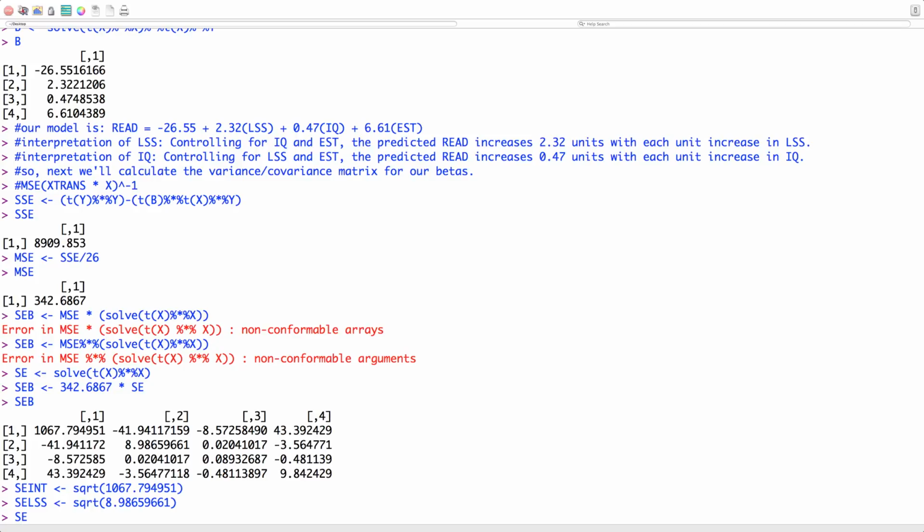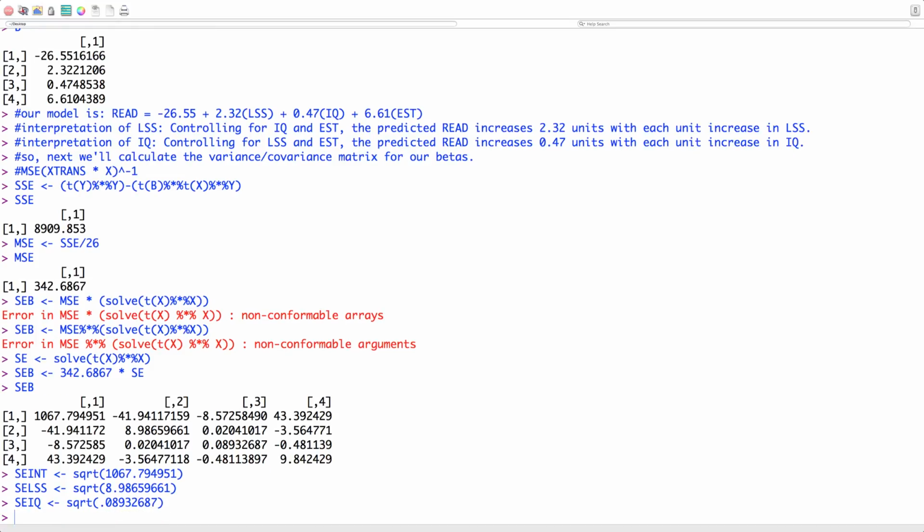To find the standard error for IQ, we take the square root of 0.08932687. And to get the standard error for EST, we have to take the square root of the last diagonal, which is 9.842429.